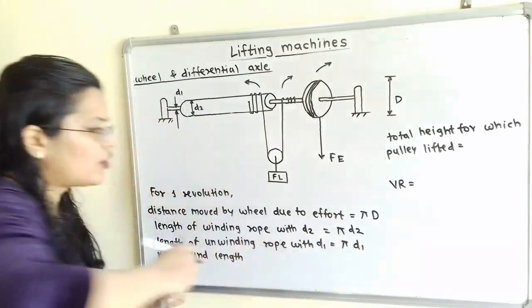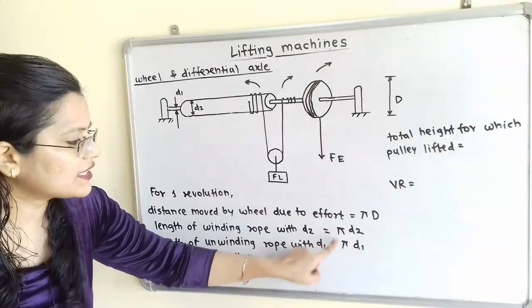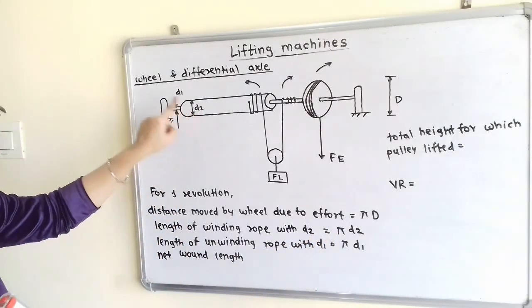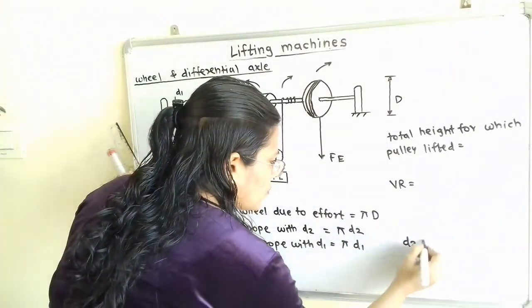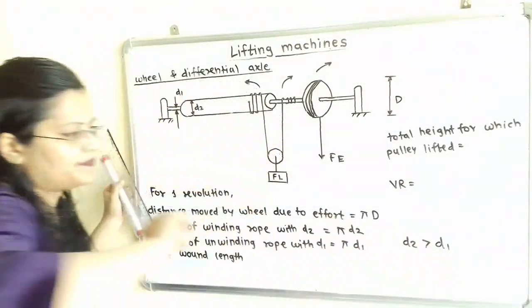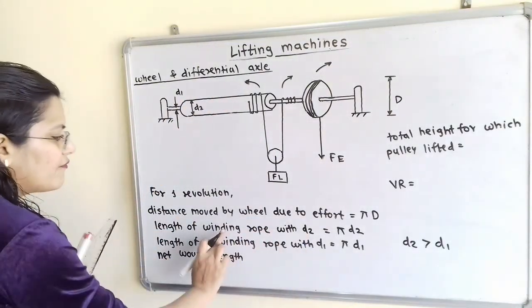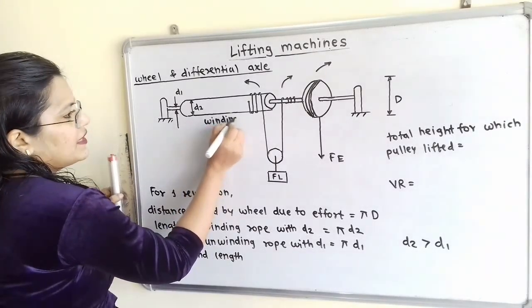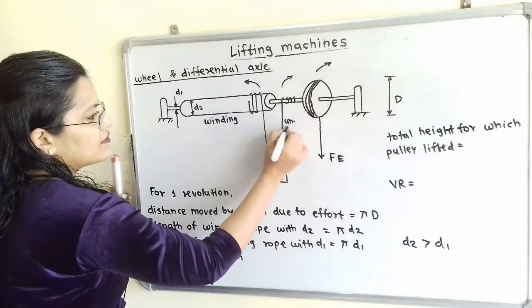Now if we observe, d2 and d1 are in opposite directions. Now we know that d2 is greater than d1, so I will write here d2 is greater than d1. Now d2 is having a winding effect, and d1 is having an unwinding effect.